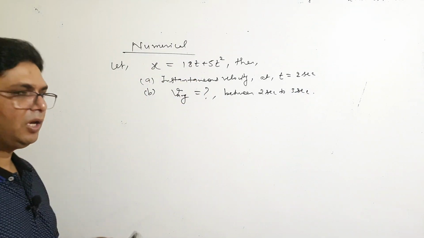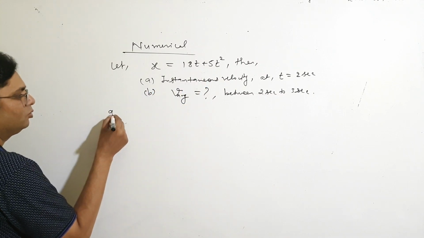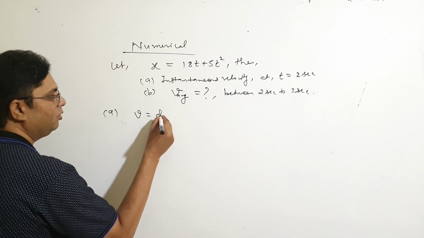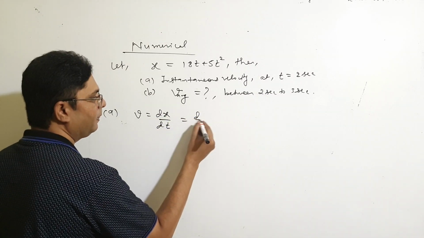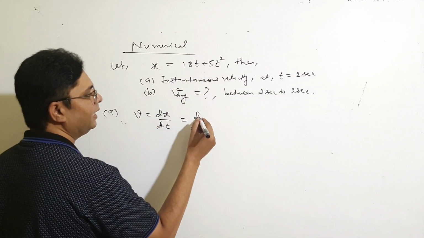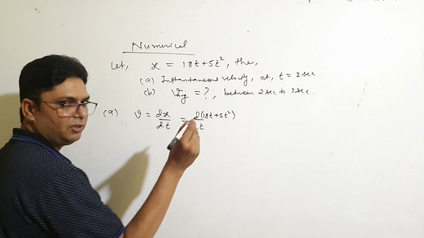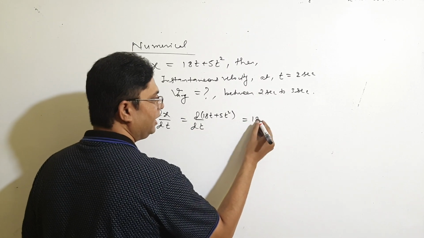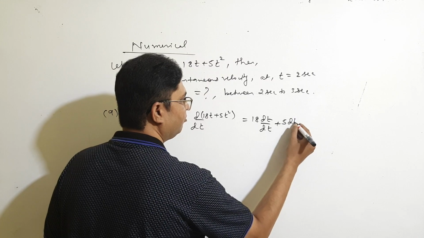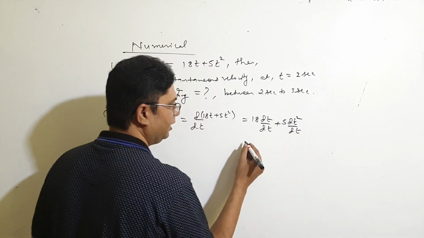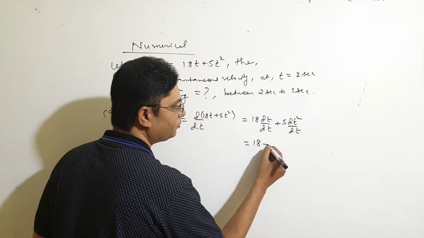Let us see how we are going to solve this question. First, you have to find instantaneous velocity. So, v is equal to dx upon dt. Put the value of x here, d upon dt of x. What is x? x is 18t plus 5t square. Differentiate it. So you can write 18 dt upon dt plus 5 dt square upon dt. This is 18 because dt by dt is 1, you know.